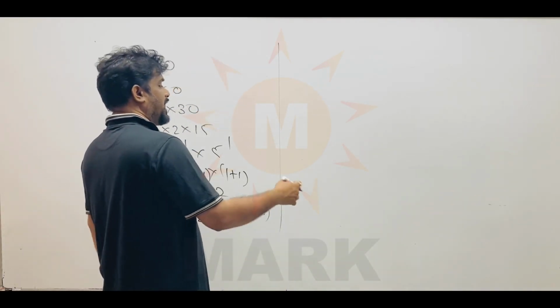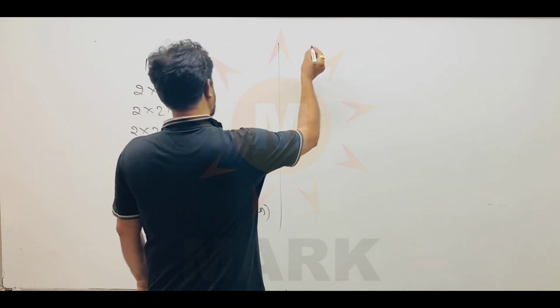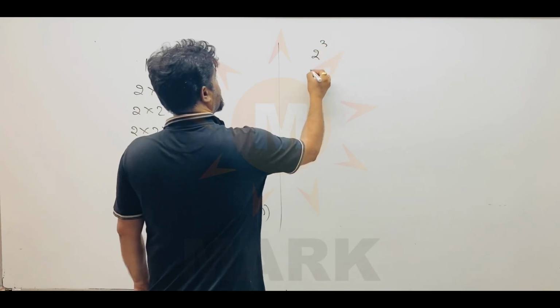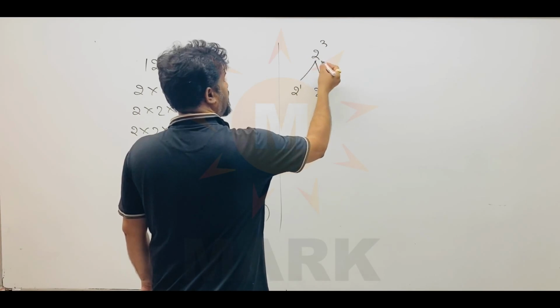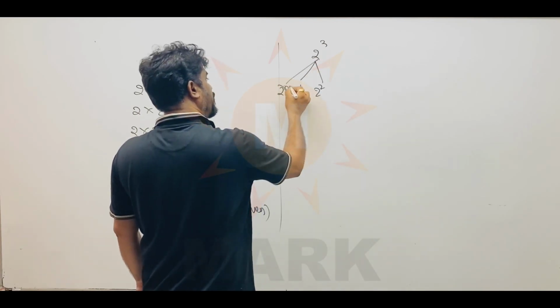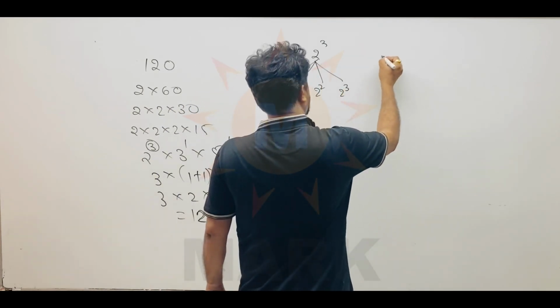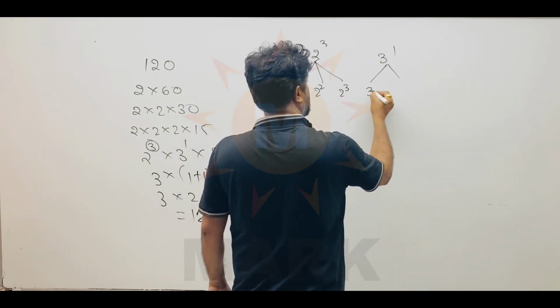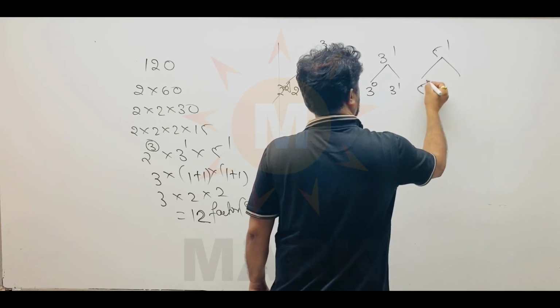Now I am taking the sum of these even factors. That is 2 power 3, whose factors are 2 power 0, which anyway I won't take. Next is 3 power 1, that is 3 power 0 and 3 power 1. Next is 5 power 1, that is 5 power 0 and 5 power 1.